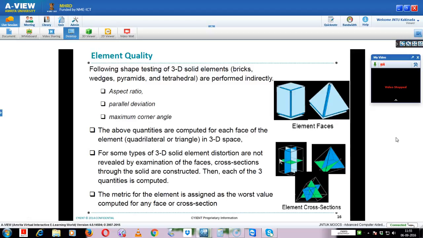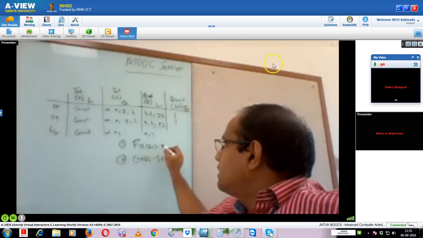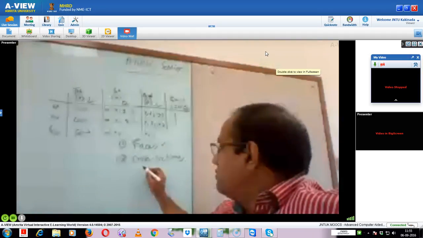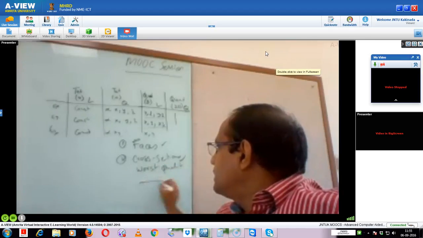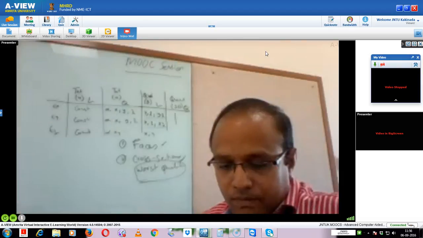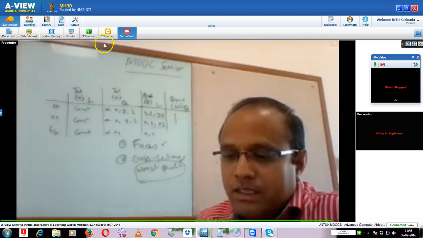Generally for 3D, element quality will be checked for faces or cross sections, and it will check all the faces and all the cross sections, get the worst quality, and assign this to the element. This is how element quality will be checked.